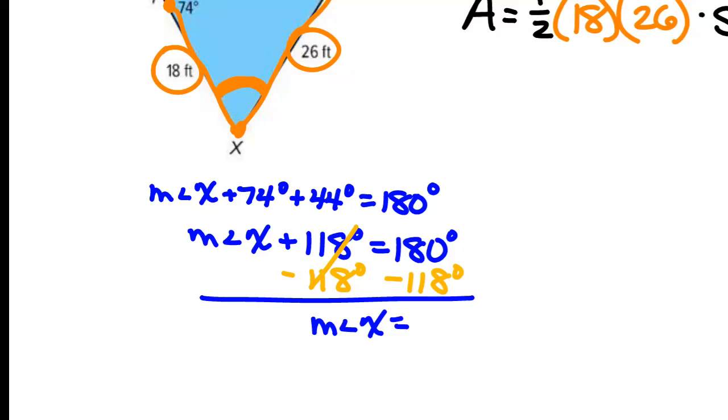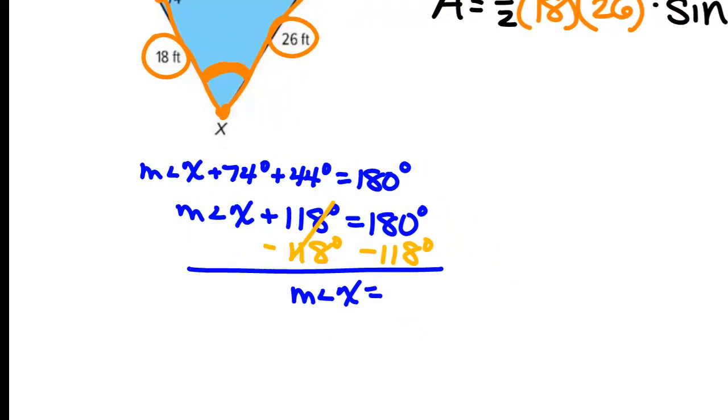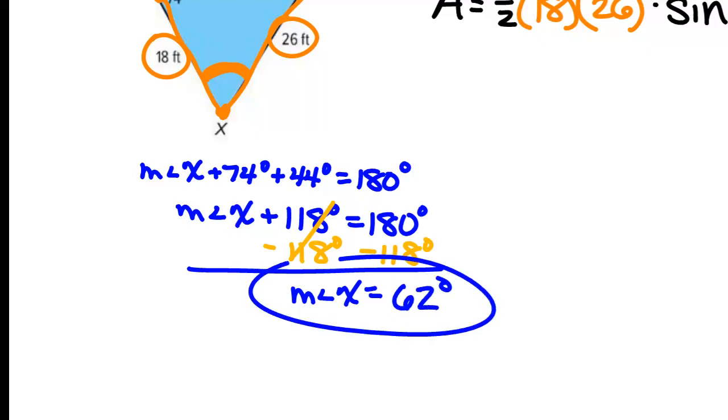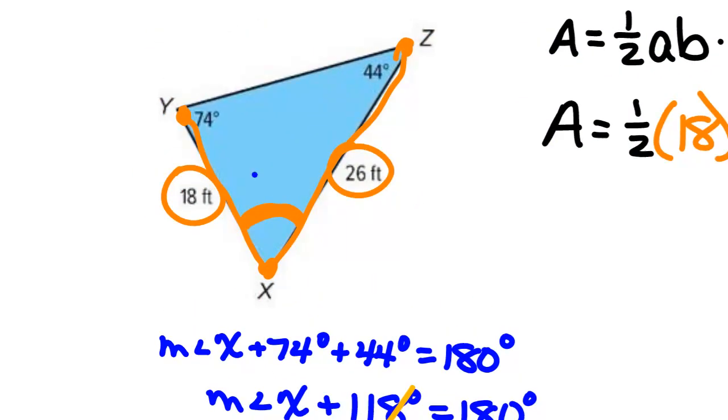So how big is angle X? What is 180 minus 118? 62. So this angle right here is 62 degrees.